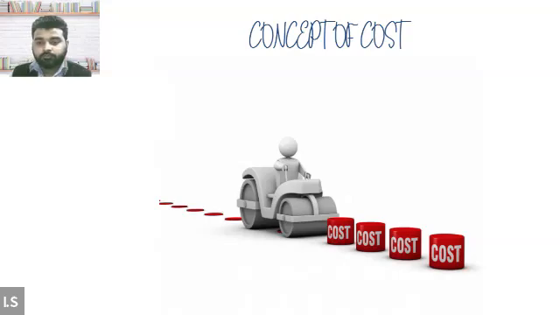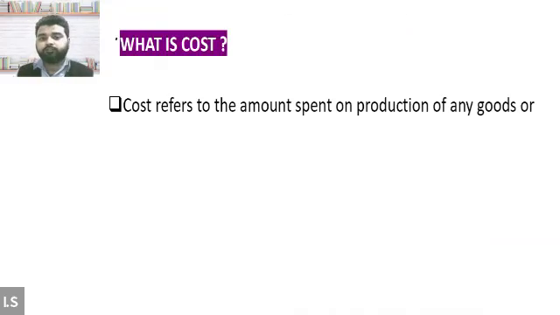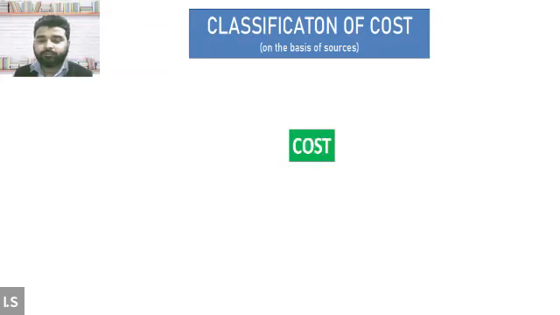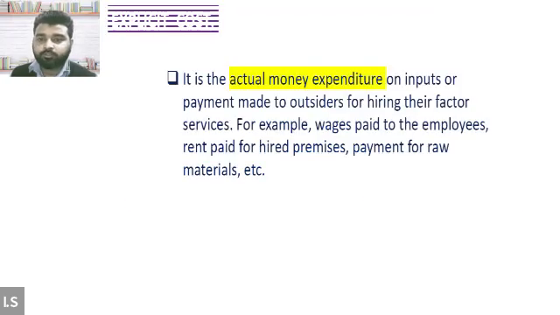Yeah. So in the last session we were discussing cost. In this chapter, until now, we have discussed the meaning of cost and the types of cost on the basis of nature and source.